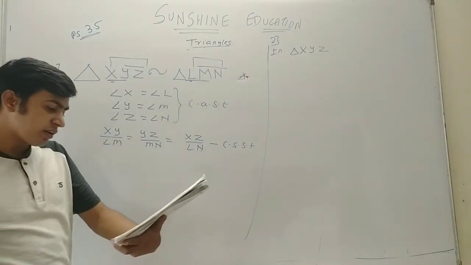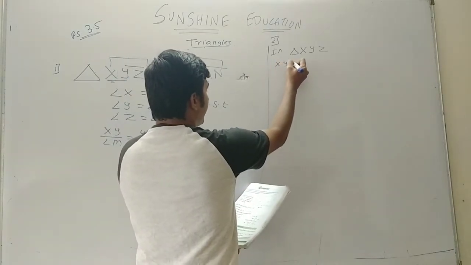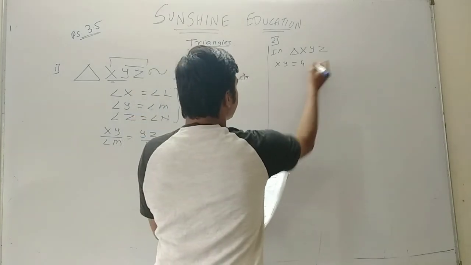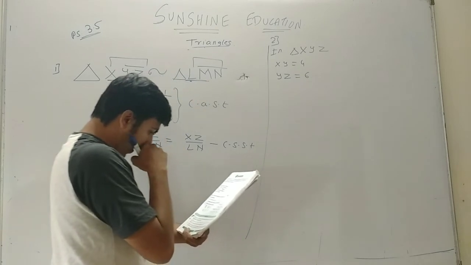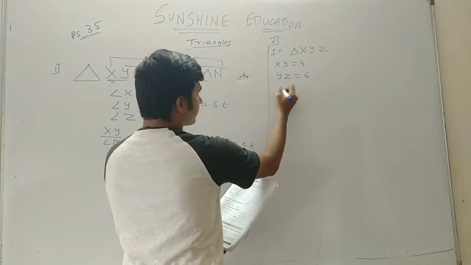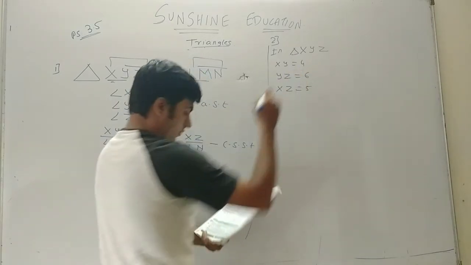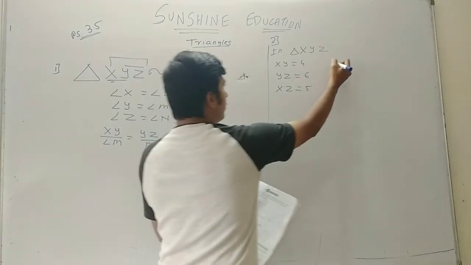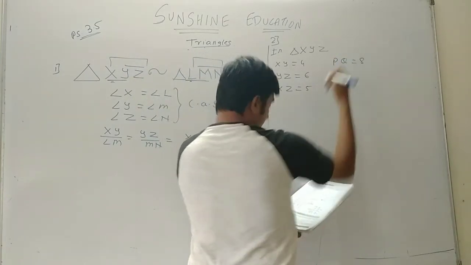XY is equal to 4, YZ is equal to 6, and XZ is equal to 5. And we have PQ also, PQ is equal to 8, it is written after that.